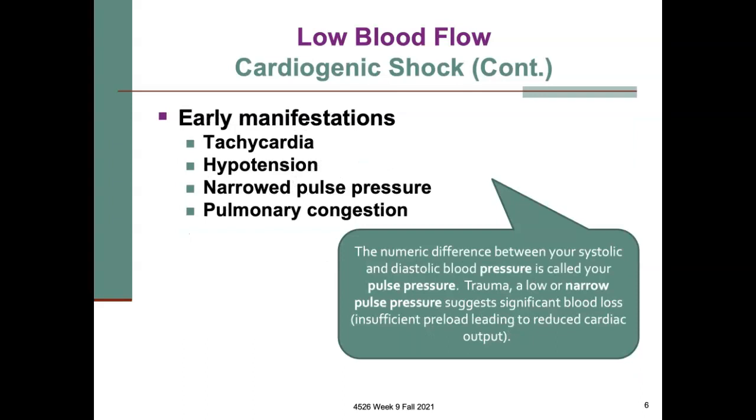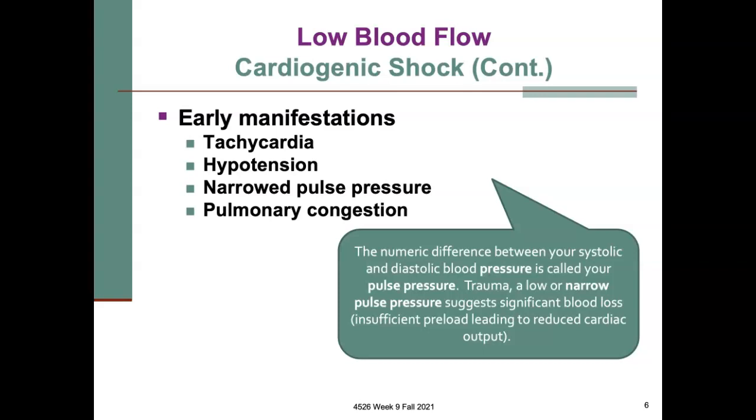The early clinical presentation of a client with cardiogenic shock is similar to that of the client with acute decompensated heart failure. The clinical manifestations include tachycardia, hypotension, a narrowed pulse pressure, and pulmonary congestion. So you'll hear crackles in the lungs. What is a narrowed pulse pressure? It's the difference between your systolic and your diastolic pressure.